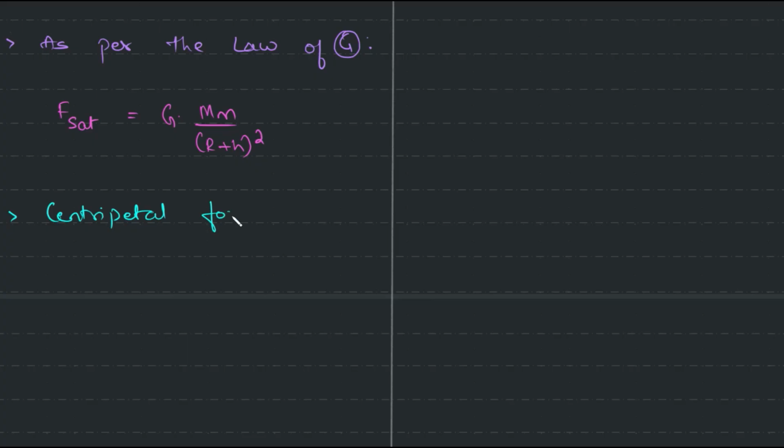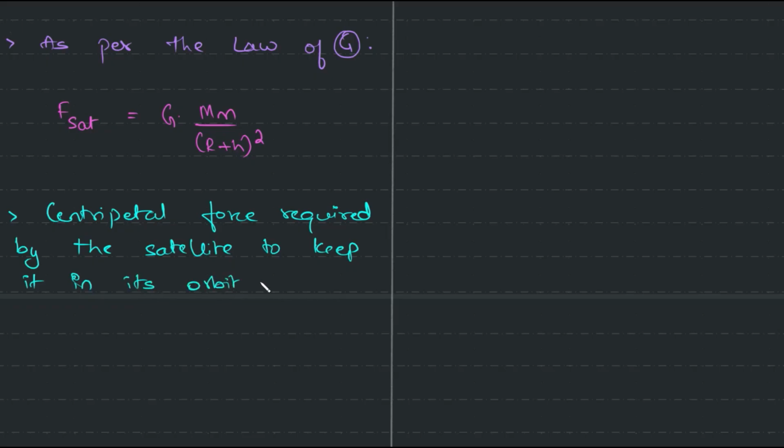So centripetal force, I hope you guys remember, has to do with circular motion. The centripetal force required by the satellite to keep it in its orbit is given by m times a_c, which is m v naught square by R plus h.